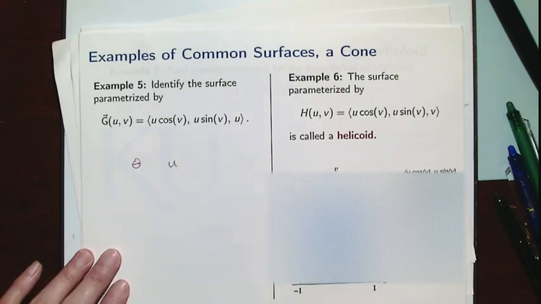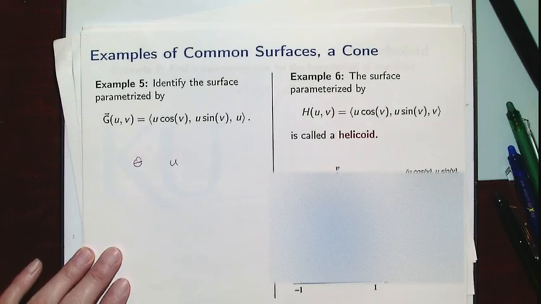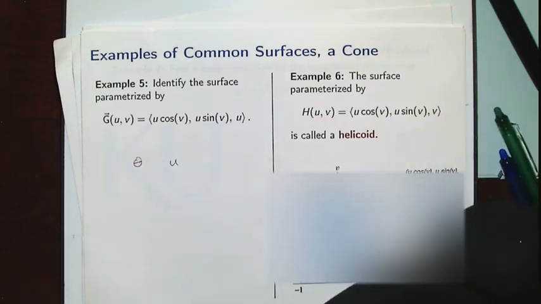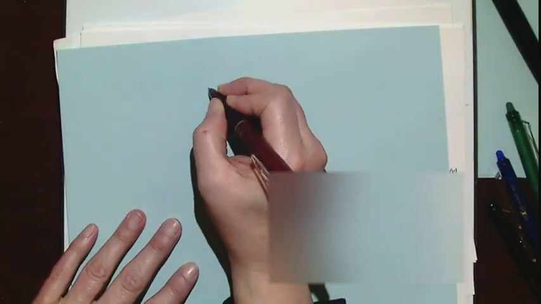Can anybody tell me how to go about eliminating parameters here? Which one would you eliminate first? You want to eliminate u first? Okay, by the way, this is the wrong problem. Shoot. So I want to eliminate u first. Solve for u in which one?